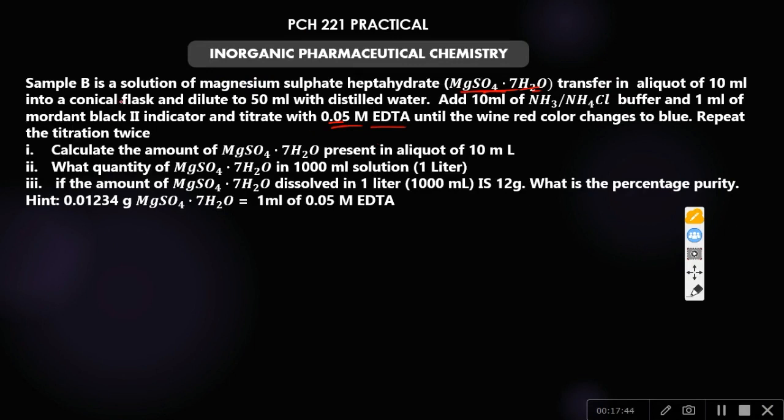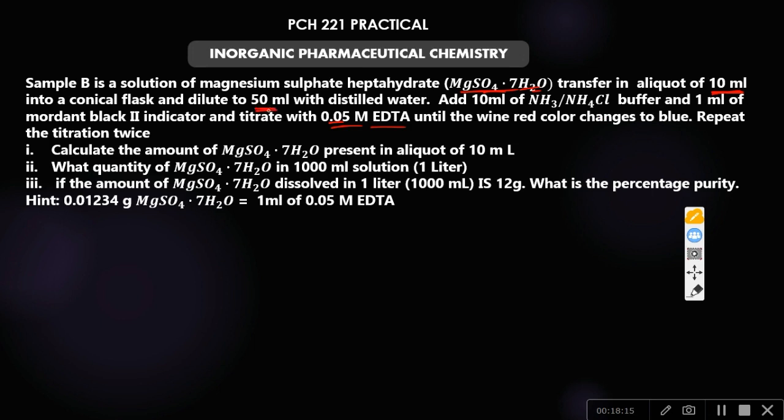Because they say sample B is a solution of magnesium sulfate heptahydrate, transfer an aliquot of 10 mil. What they are asking is how much of magnesium sulfate is in the 10 mil that you actually pipetted. How much of magnesium sulfate is in this 10 mil that you pipetted? And this 10 mil is what you used to carry out your experiment. Is that okay?